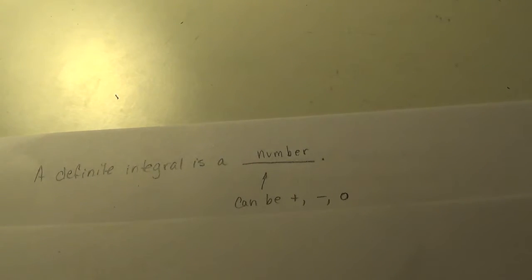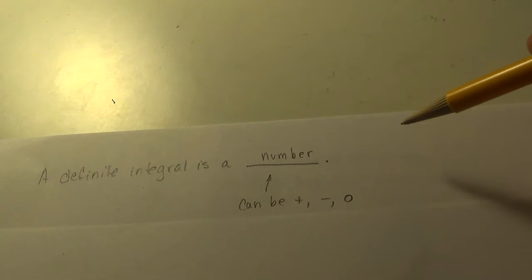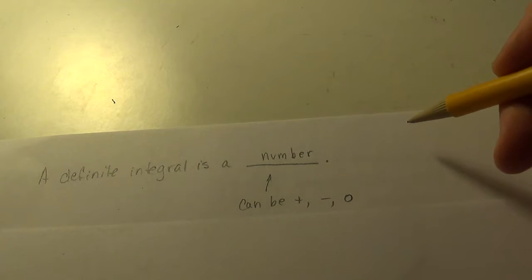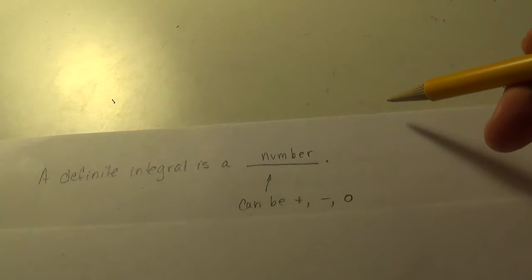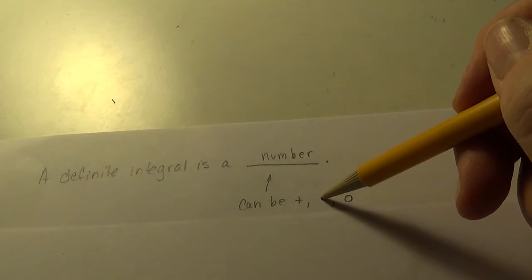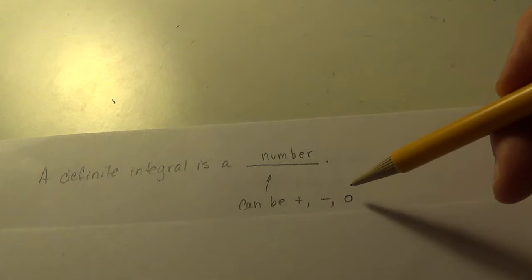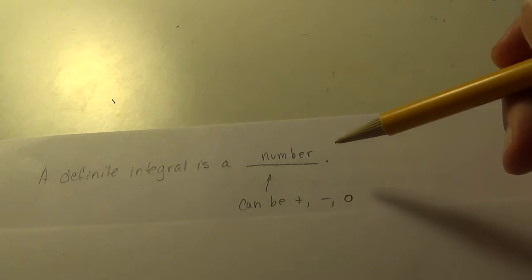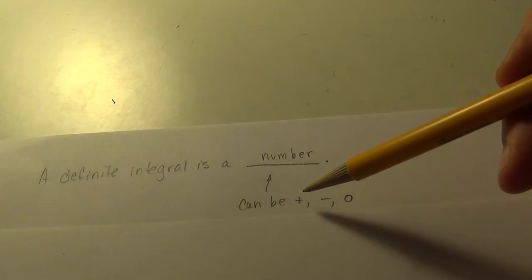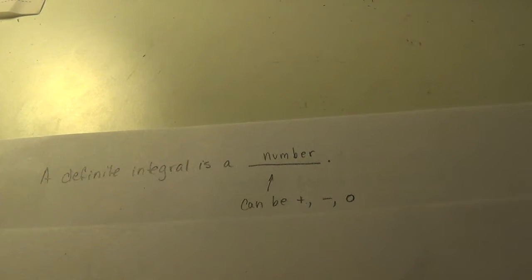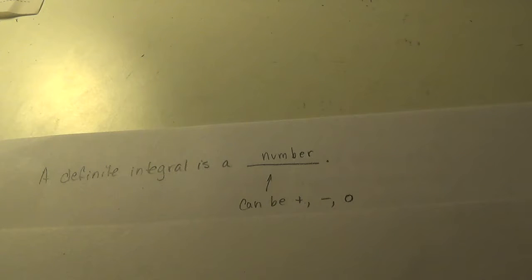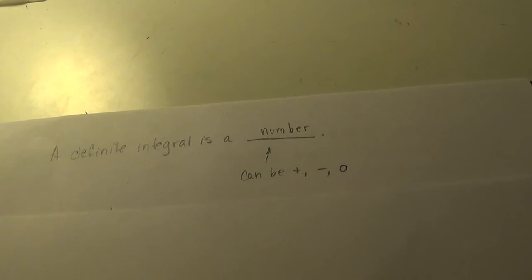So I'm moving away, but not totally away, from the idea that the integral is an area under a curve. Because area makes no sense when I come up with a negative number or even a 0. So I just want you to be aware that integrals can be positive and negative, and in that case the area, the way we talk about it as area, will have to be refined, and we'll get to that eventually.